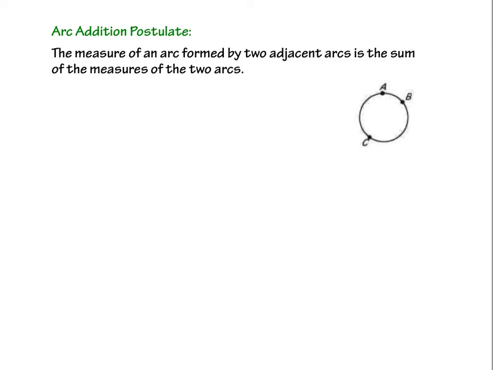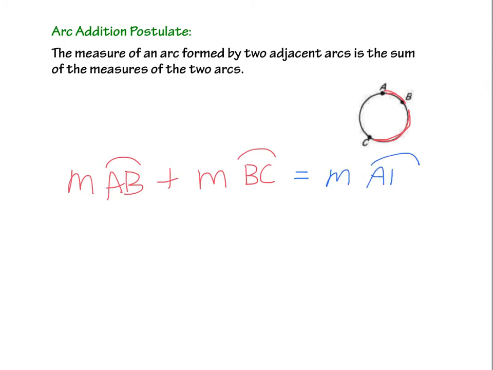So if I had the measure of arc AB, plus the measure of arc BC, you add those together, and that would equal the measure of arc ABC. So you're just adding the two red arcs to equal the blue arc.